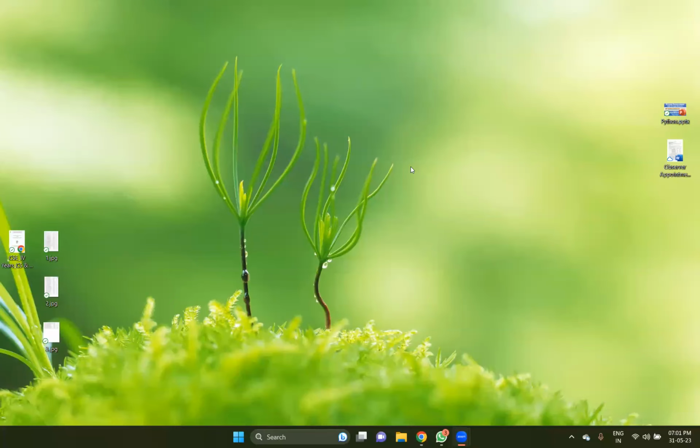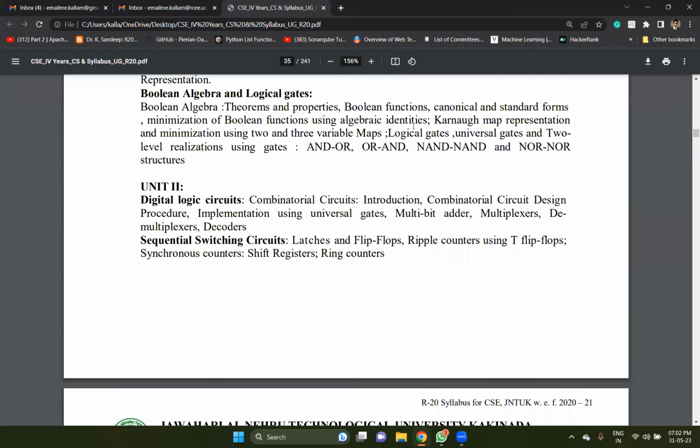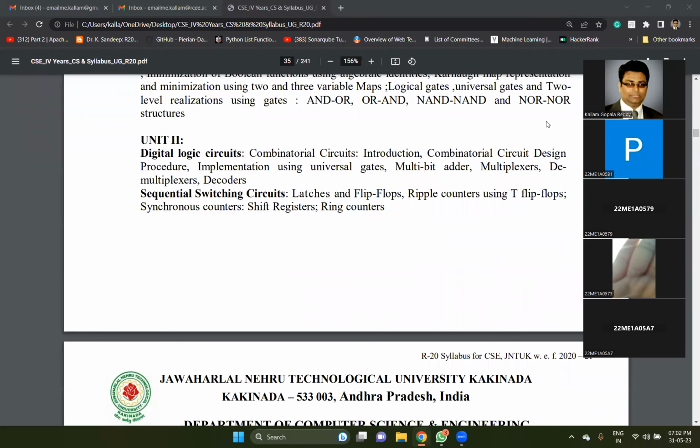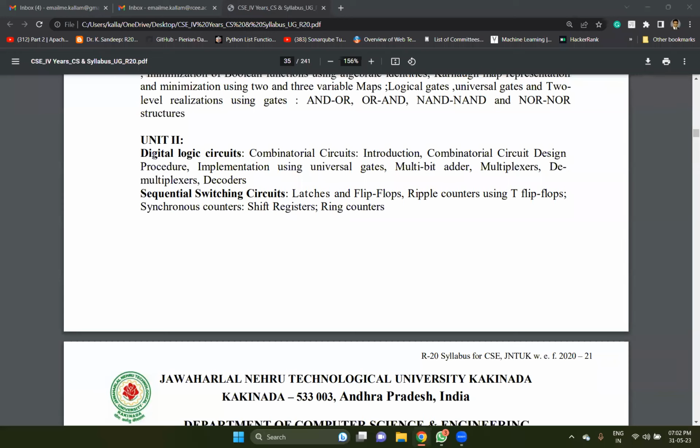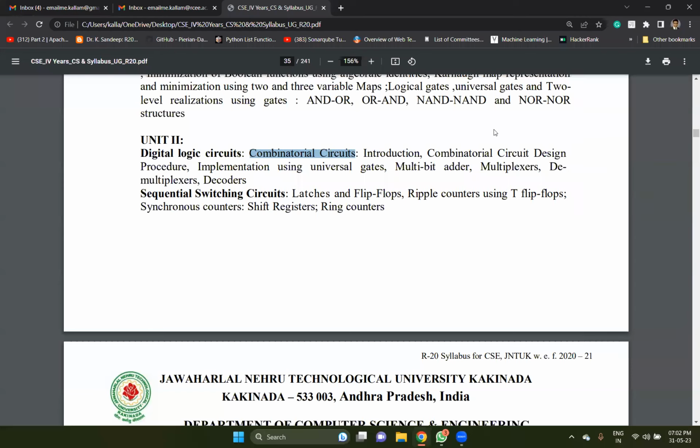So today I shall talk about unit number 2 of computer organization. Look at this here. Unit number 2 has this information: digital logic circuits, combinational circuits, what the different kinds of combinational circuits are, and what the implementations of those circuits are, which will be discussed today.